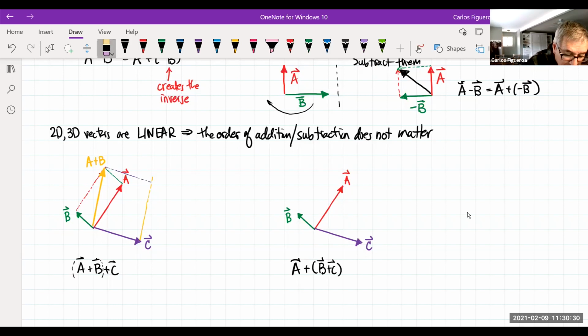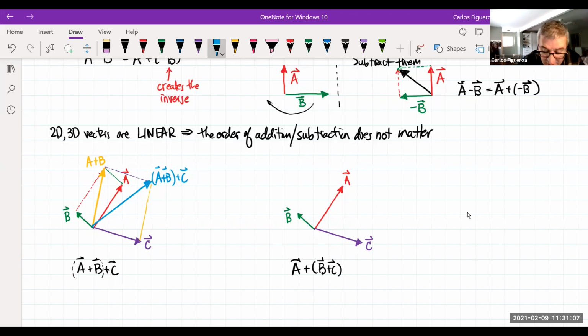This tells me that I'm going to add A plus B to C, and what I should get is a resultant that looks something like this. My resultant's going to look right here, and so this should be A plus B plus C.